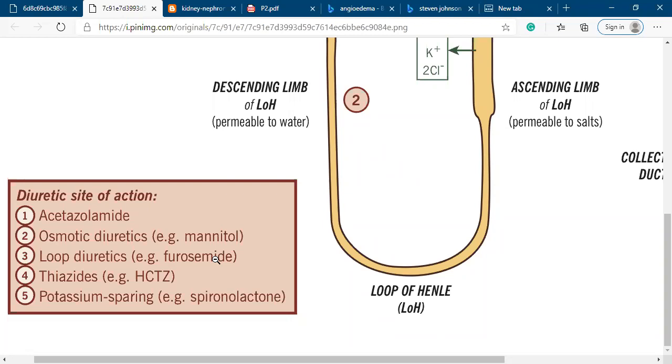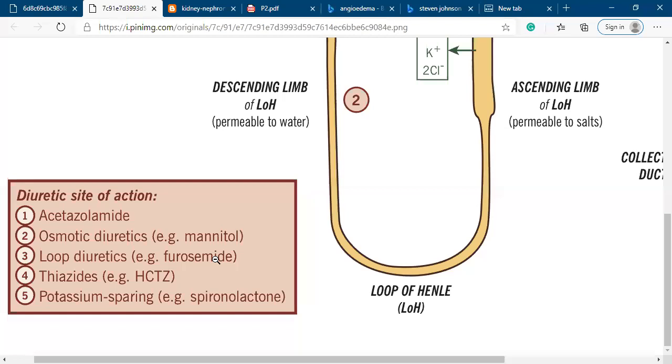If you give loop diuretics, we have to watch the potassium level, because they decrease the potassium and cause hypokalemia.